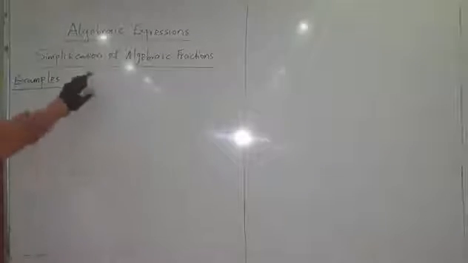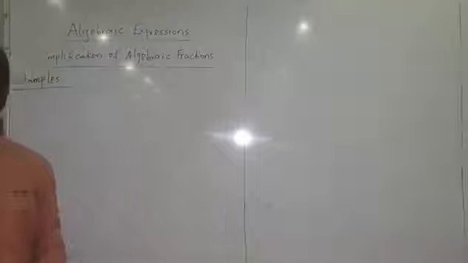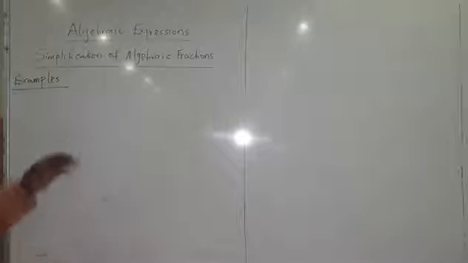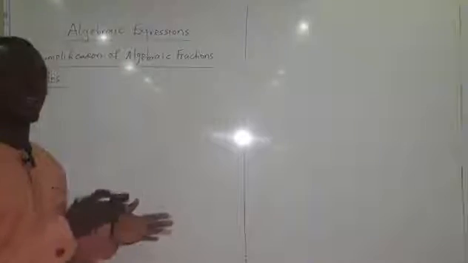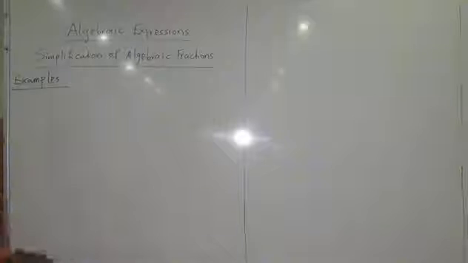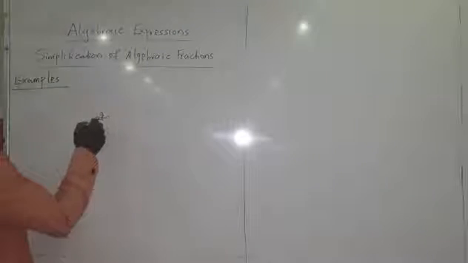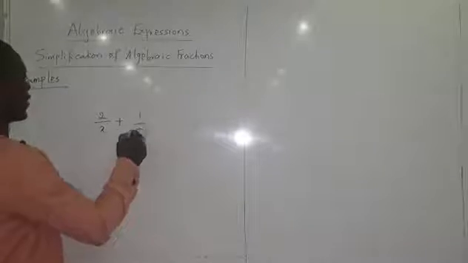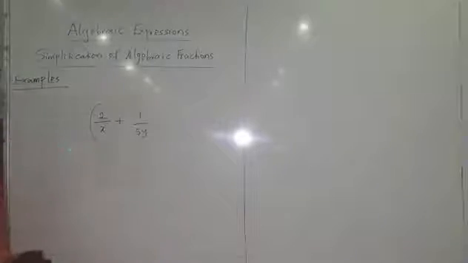But the subtopic says simplification of algebraic fractions. So an algebraic fraction simply means any fraction that has letters together with numbers. That is, if you have 2 all over x plus 1 all over 5y, this is an algebraic fraction.